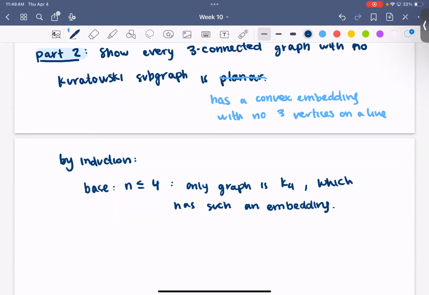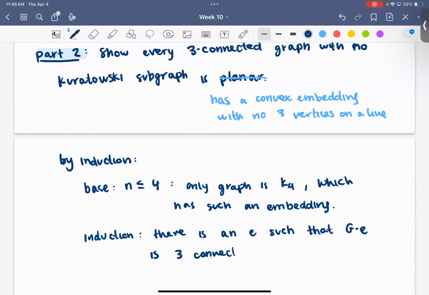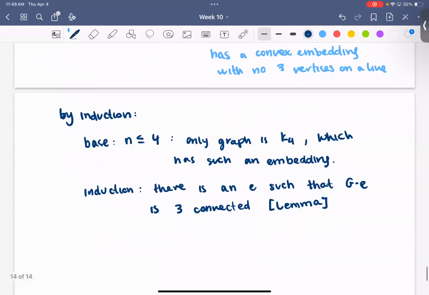Okay, and then for the induction step, they prove that there is an edge that you can contract. So there is an e such that G contract e is 3-connected. So this is a lemma. And then another lemma, G contract e has no Kuratowski subgraph.